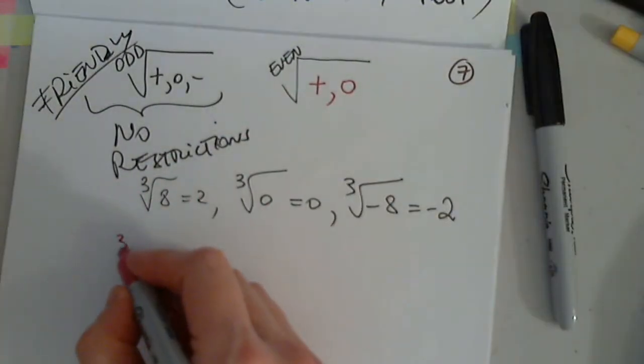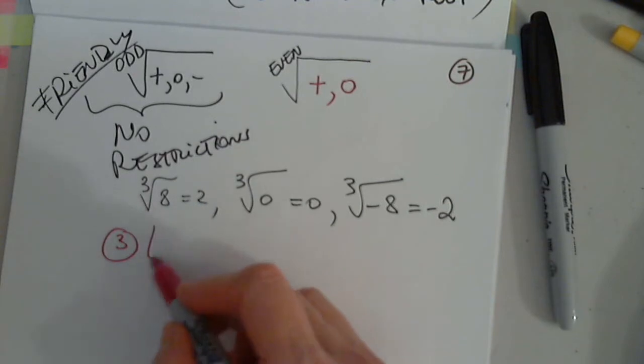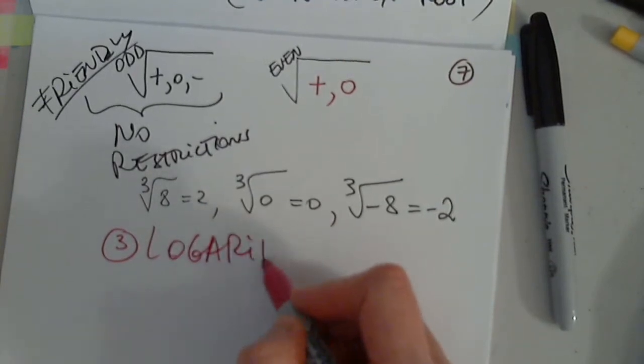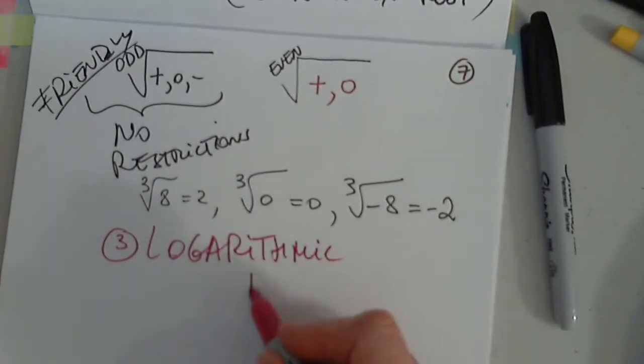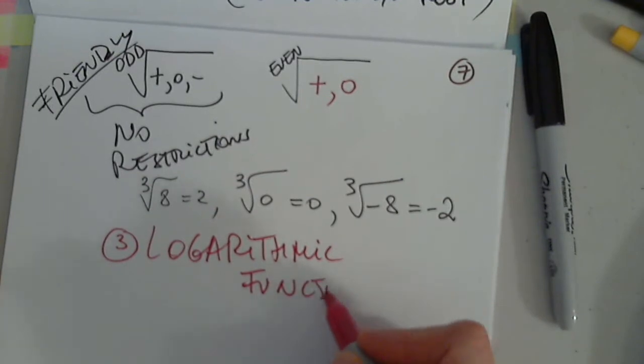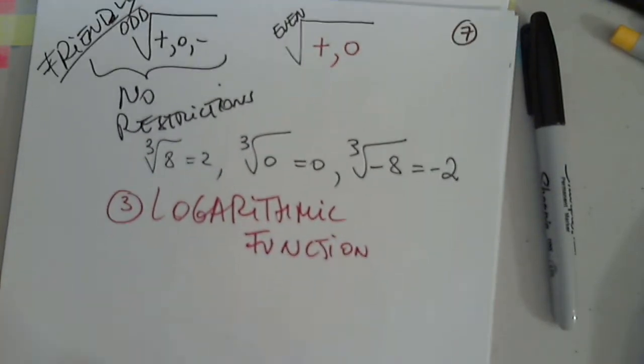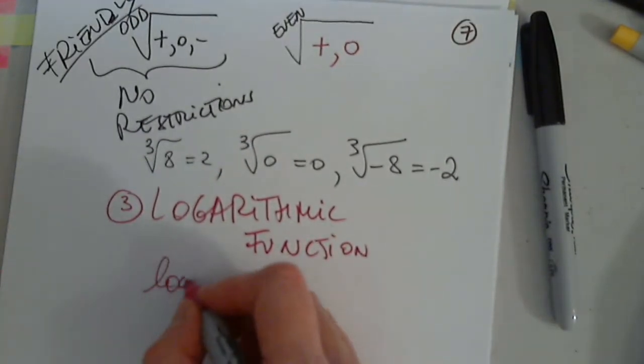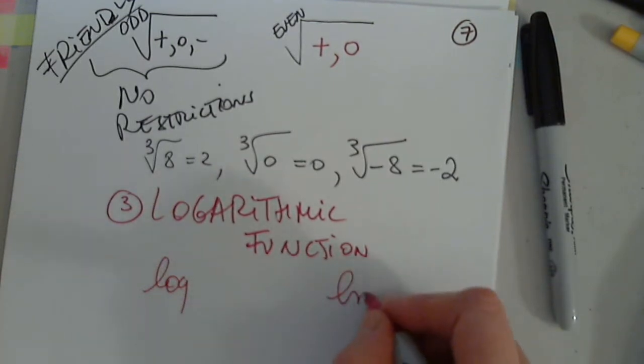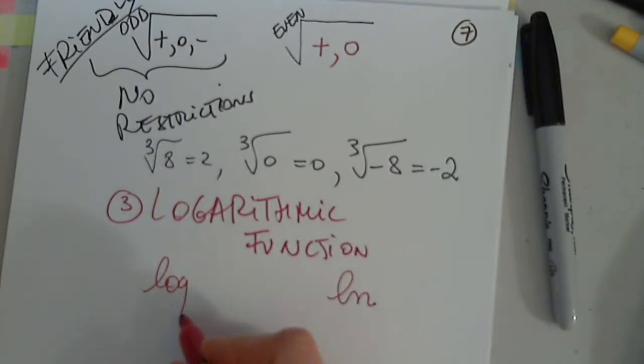Another function with restrictions, number 3, logarithmic. It can be any log in any base. It can be natural log. It can be common log.